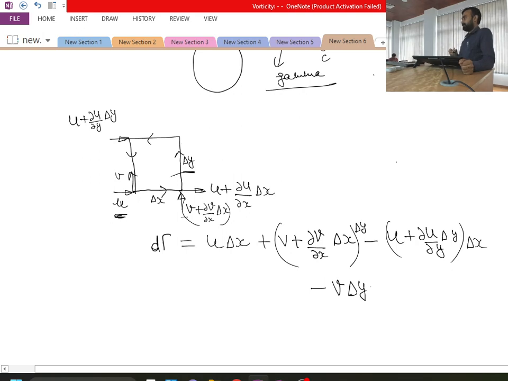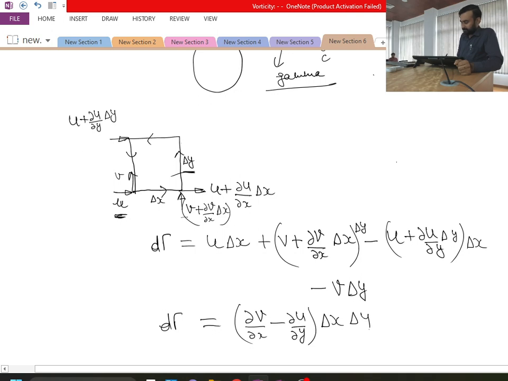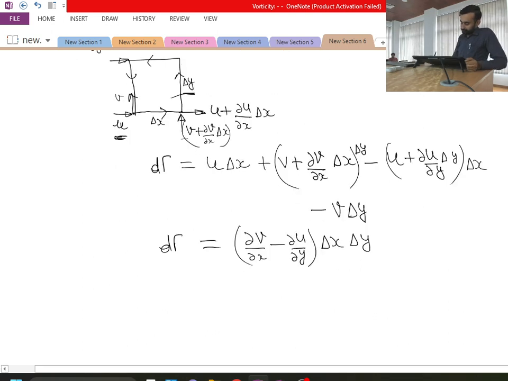delta y. Okay, so now out of this if you do, you will find u delta x will cancel, v delta y will cancel, so I will be having del v by del x minus del u by del y times delta x delta y. Is this one clear? Point is clear?